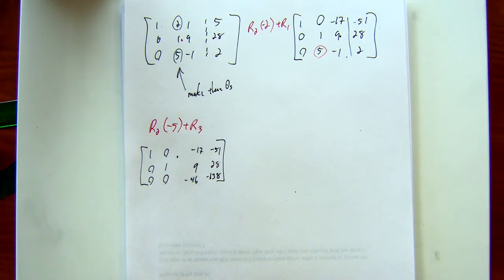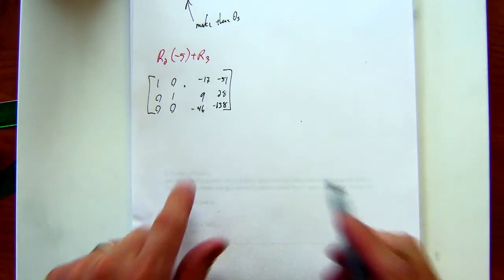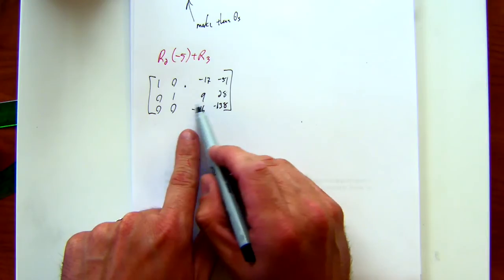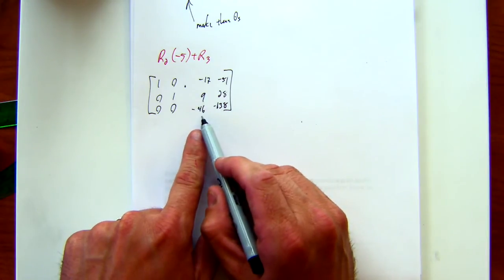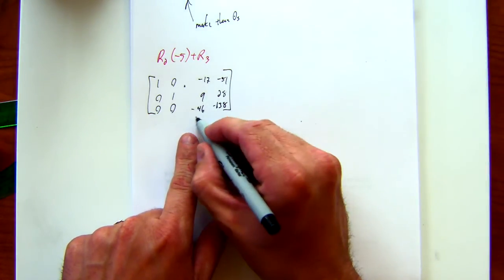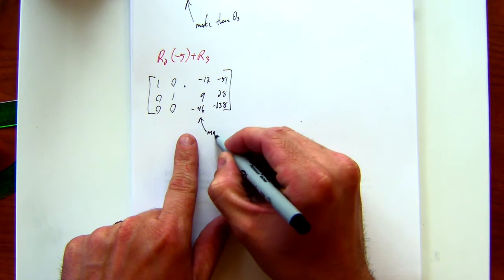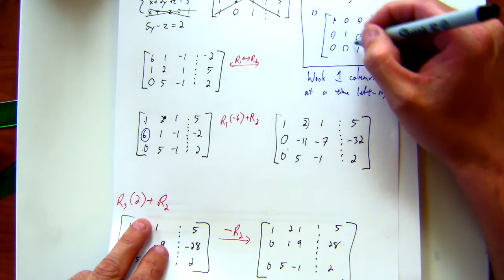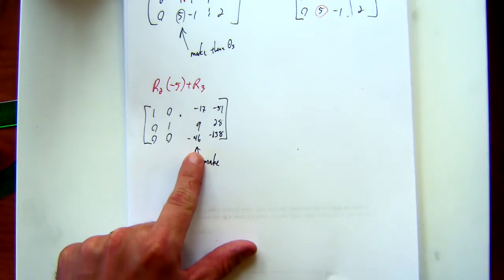My guess, from looking at this, just my intuition says that I can divide this last row by negative 46 to make this a what? Remember your form that you want 1, so you want this guy to be a 1.